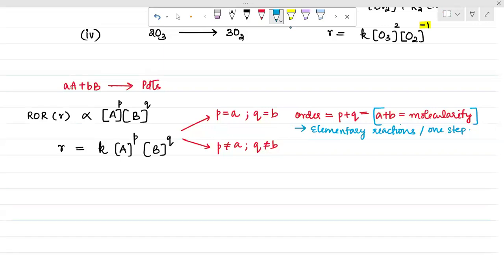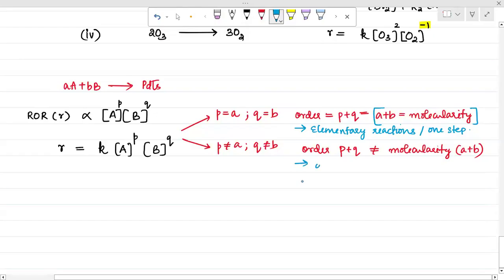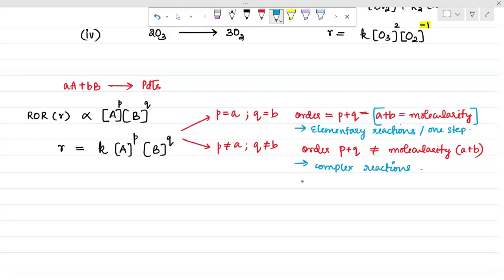Okay. Now, I said that in the case where the sum of P and Q, or the total order P plus Q, may not be equal to the molecularity, and molecularity is the sum of the coefficients A plus B, such reactions are called complex reactions.